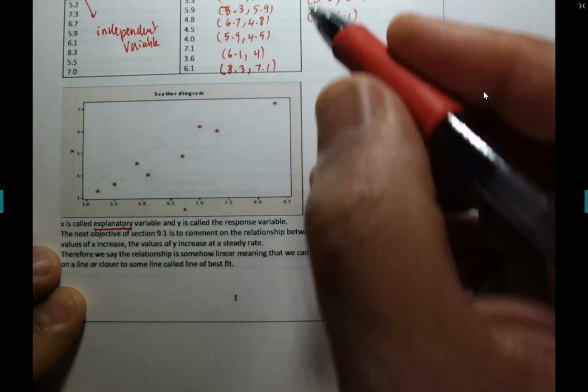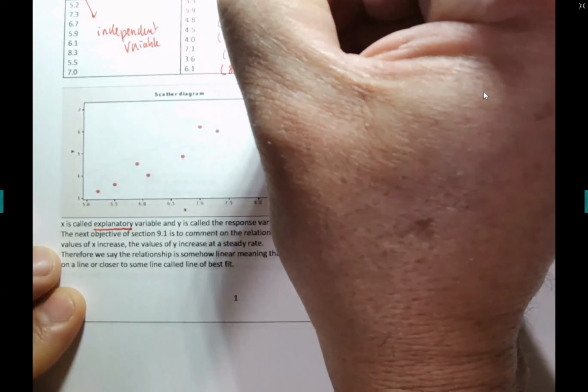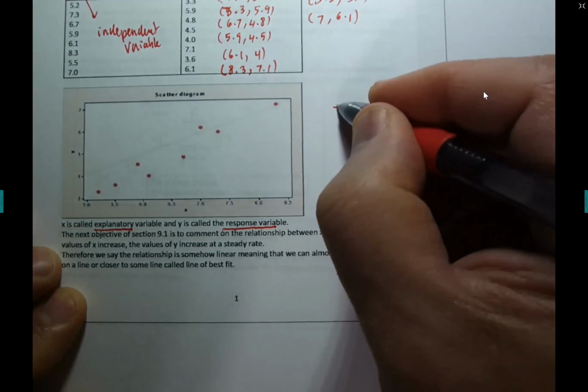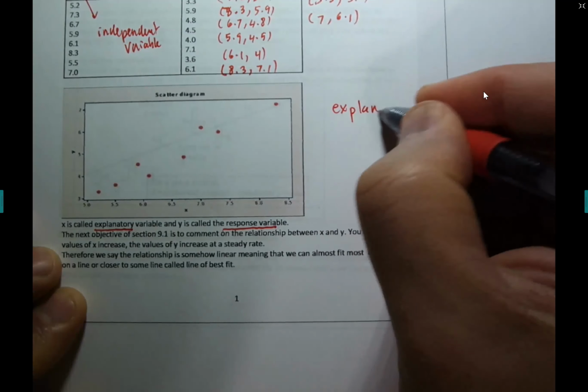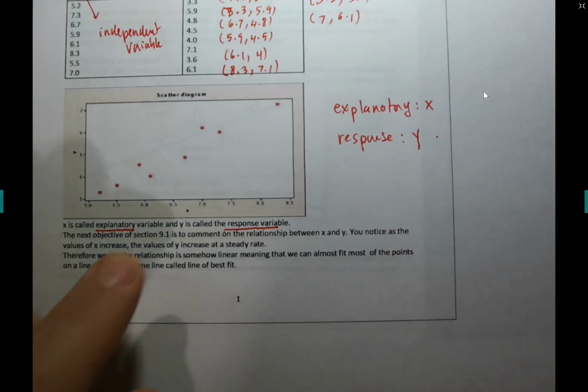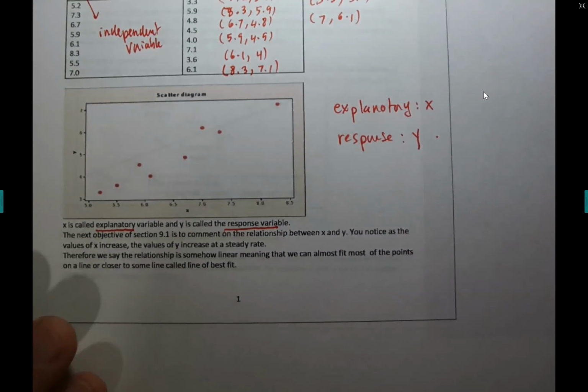Y is called the dependent variable because it depends on X. And it is called the response variable. So explanatory is X and response is Y.